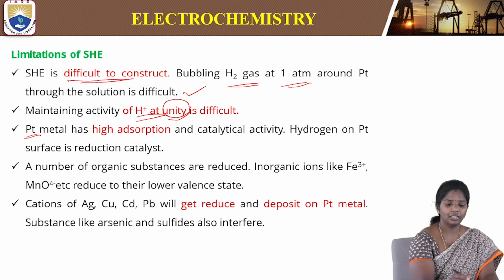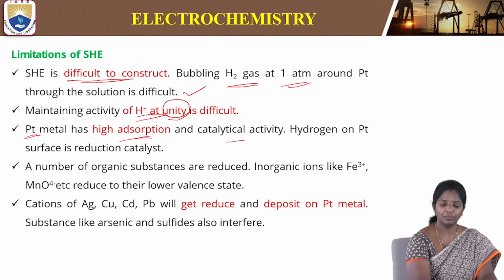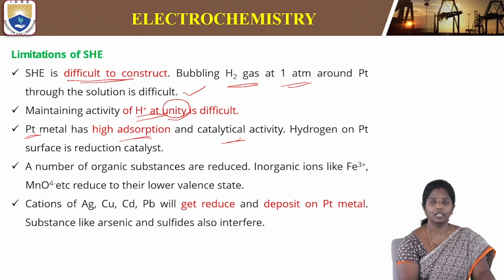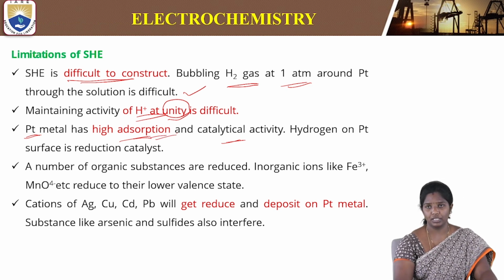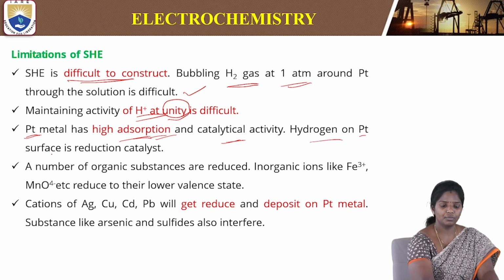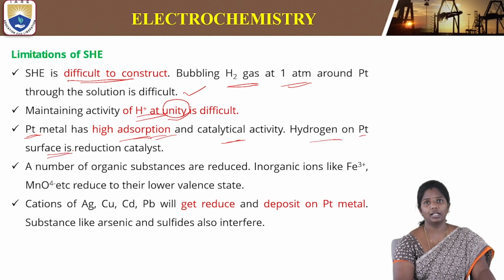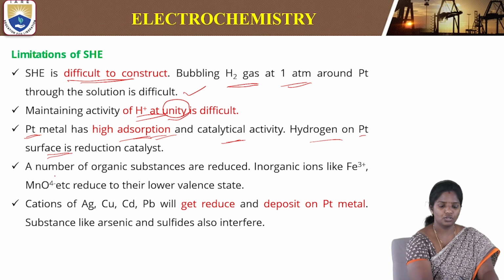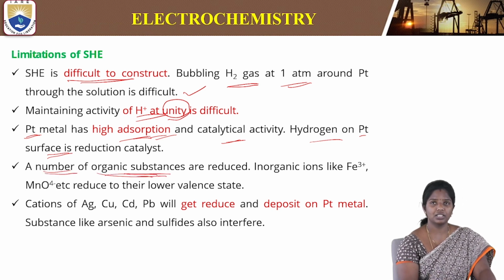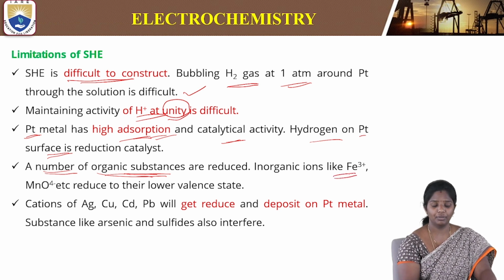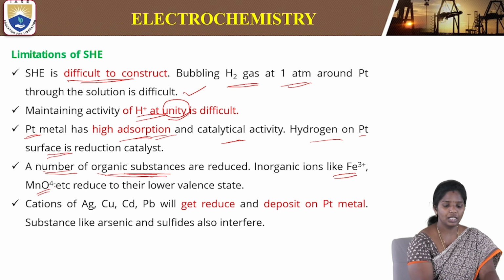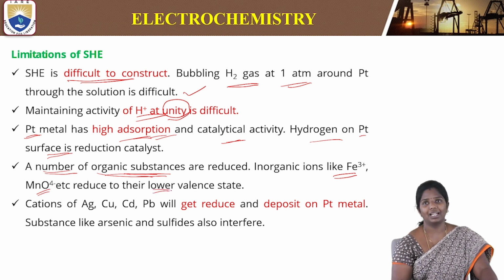The platinum metal has high absorption and catalytic property, which will cause some disturbances. Hydrogen on the platinum surface acts as a reduction catalyst, so organic substances get reduced, and inorganic ions like Fe3+ and manganese oxide get reduced to their lower valence state.